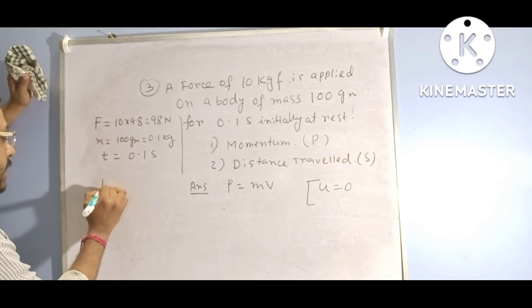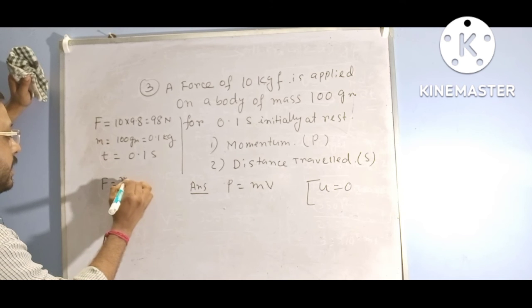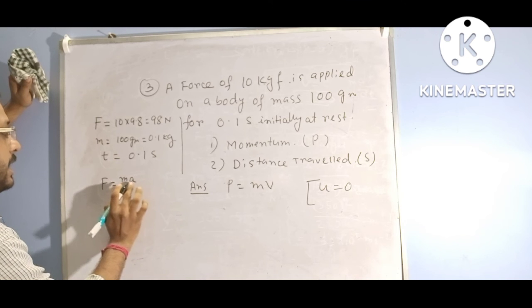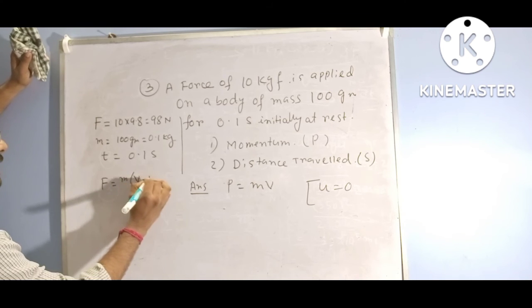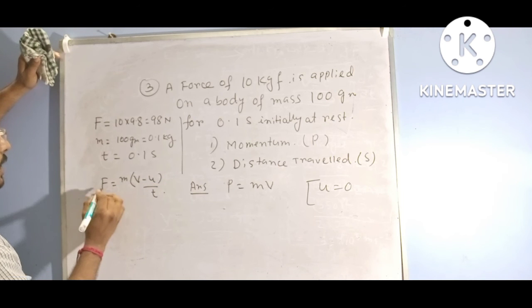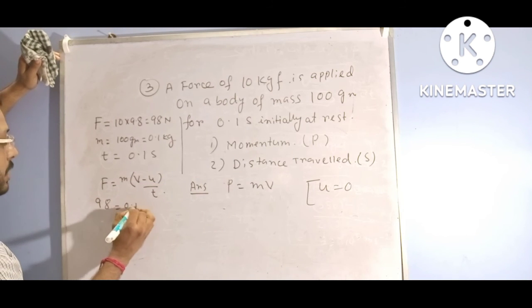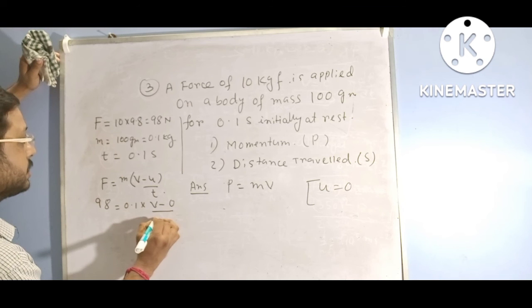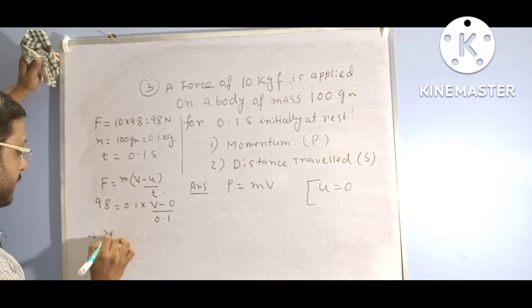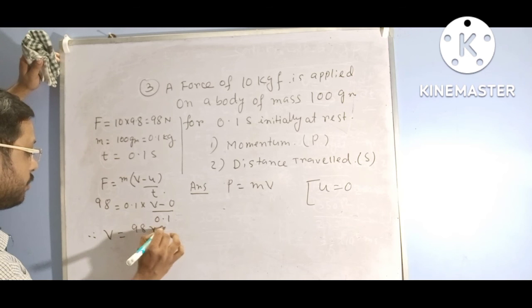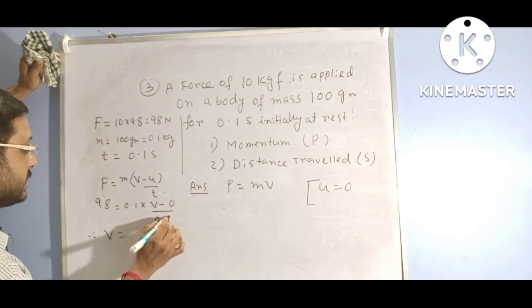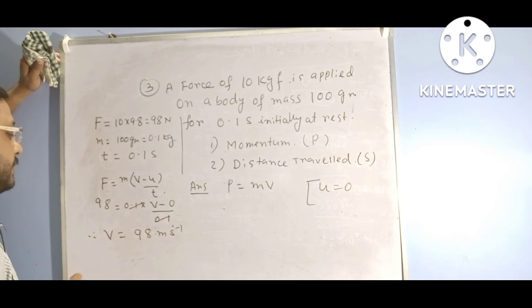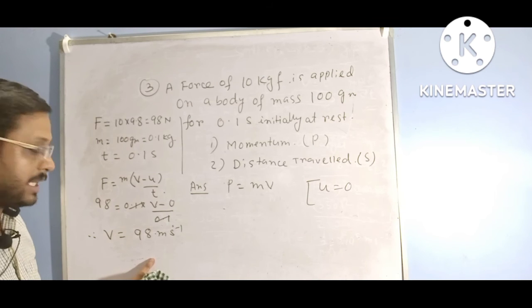Now F equal to m a. What is a? a equal to v minus u by t. So 98 equal to 0.1 into v minus 0 divided by t, that is 0.1. We can find the value of v equal to 98 into 0.1 divided by 0.1. This 0.1 and this 0.1 cancel. So we get v equal to 98 meter per second.